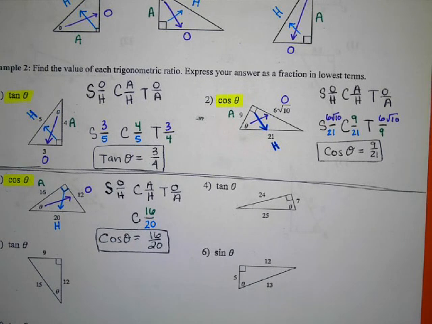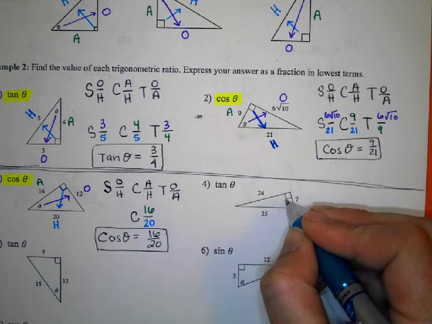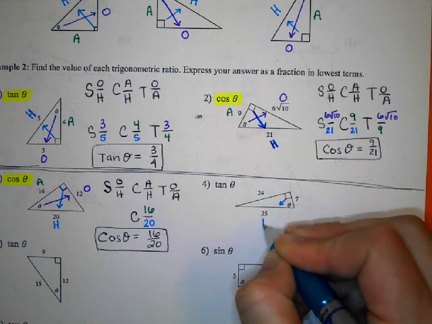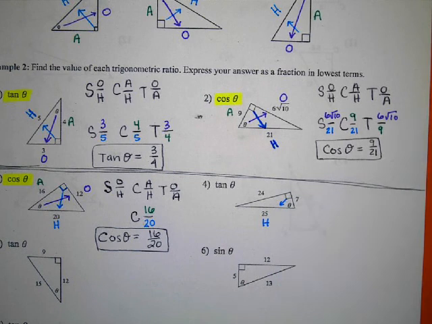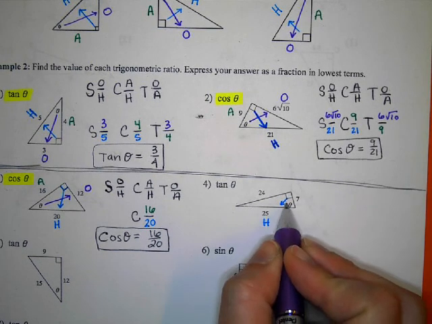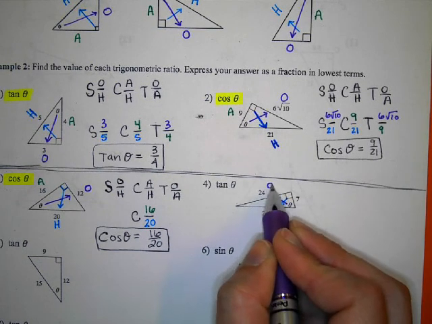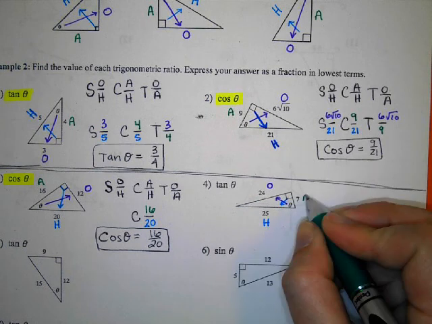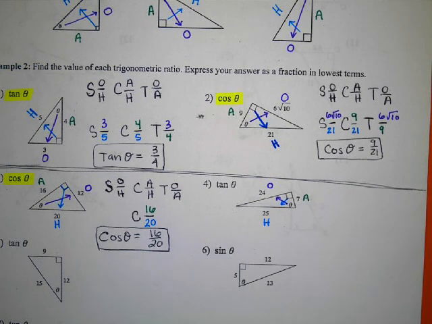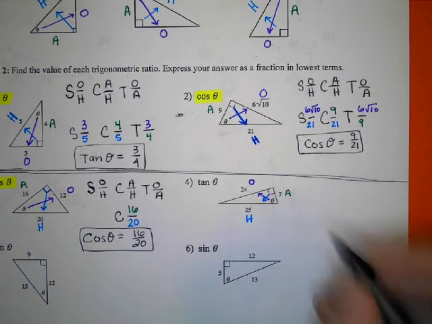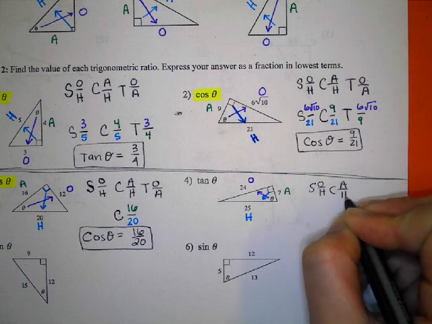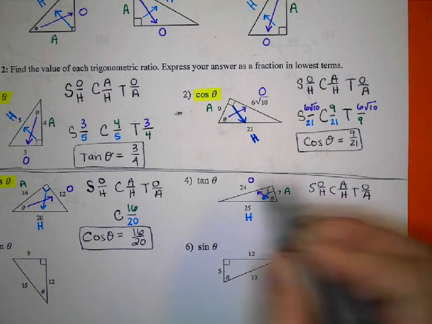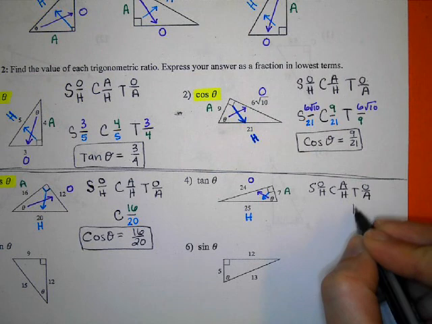Question 4. I need to label the hypotenuse. It's across from that 90-degree angle. Hypotenuse is the longest side. Opposite is on the opposite side of the theta. Adjacent is the last side that we didn't mark, or between the two angles. It wants us to find tangent.